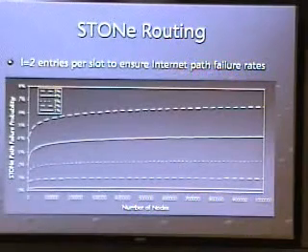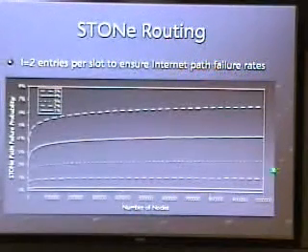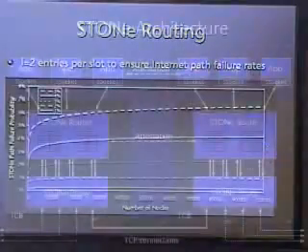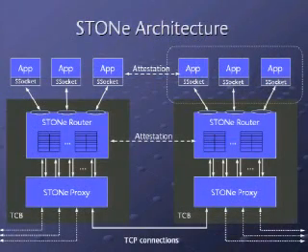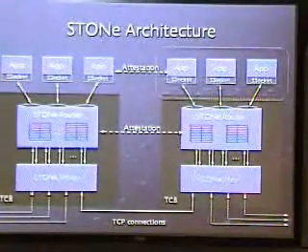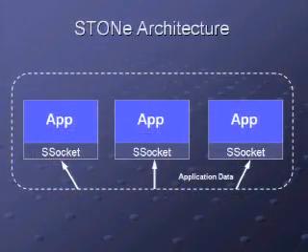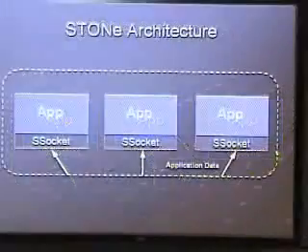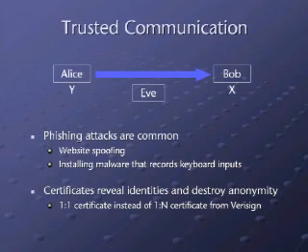This path failure probability is comparable to the internet itself, so this is still fine. Next we want to look at the applications. They use Stone sockets, which is a standard library that gets linked to the applications to communicate with these routers.